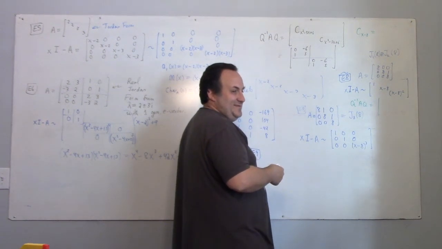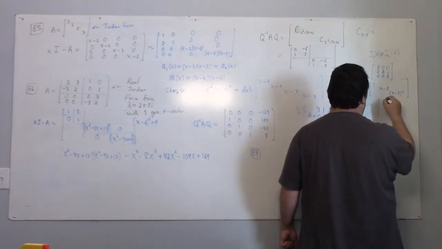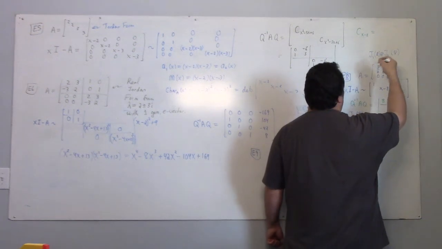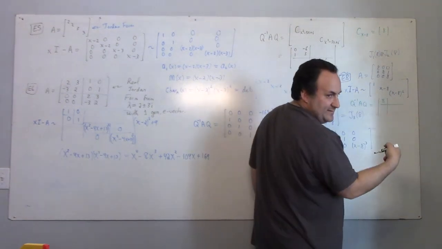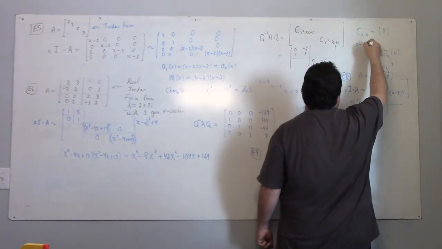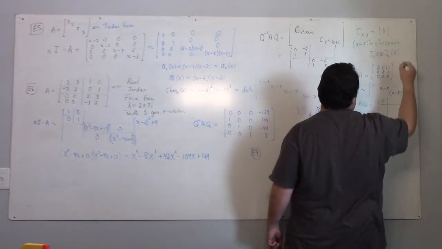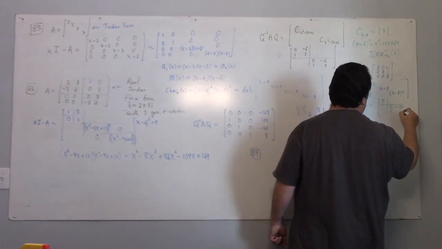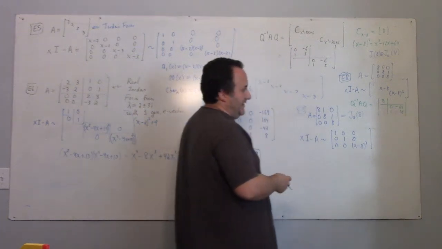So it would just be minus minus 8. Oh, you're right. Yeah. So you put an 8 here. And then, of course, x minus 8 squared, so it's just 8, because it's minus the alpha naught. In x minus 8 squared, x squared minus 16x plus 64, so we get 0, 1, minus 64, 16. That's the rational canonical form in that case.